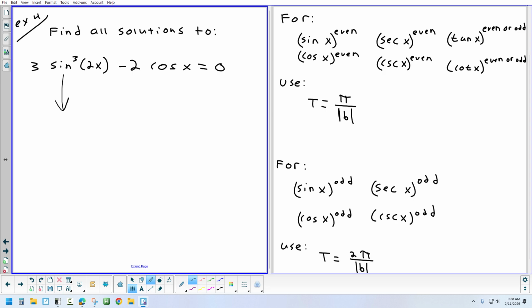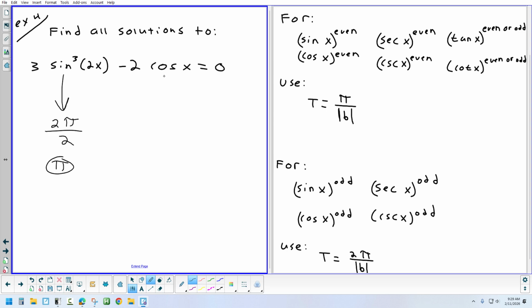It's 2 pi over b. And can you tell me what b is in this case? 2. Yep. So what's the period of sine cubed 2x? Pi. Sorry, period is pi.